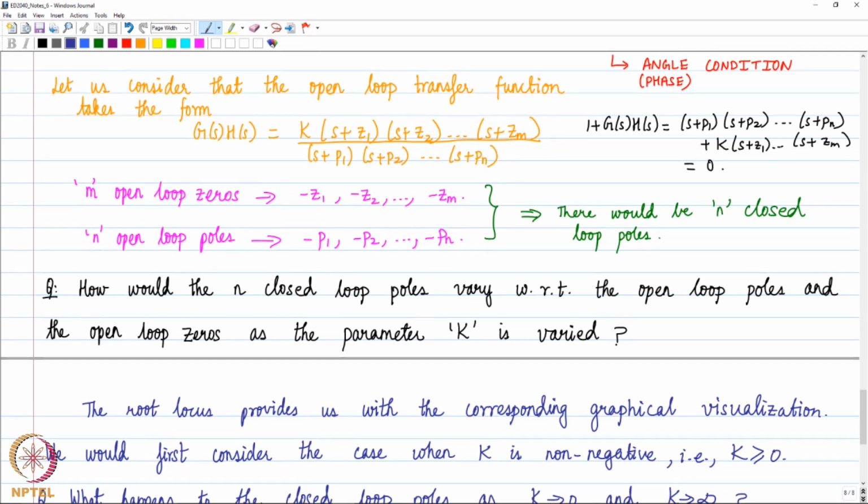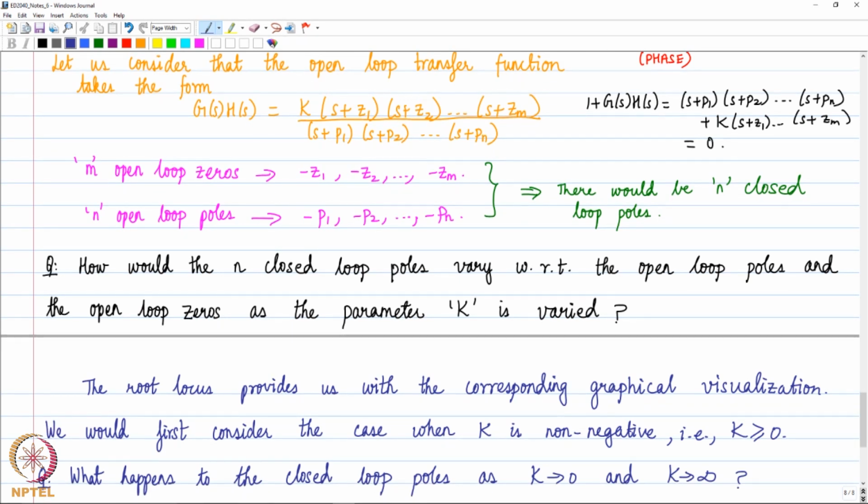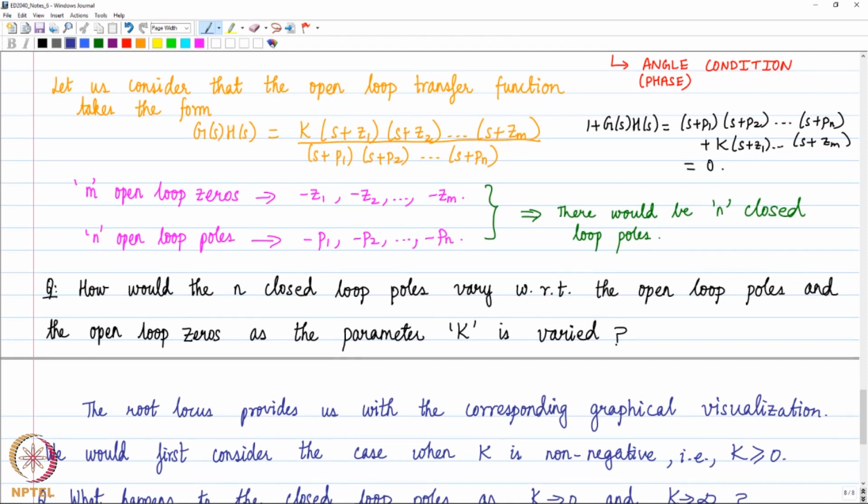What do you think will happen as k tends to 0? The closed loop poles will tend to the open loop poles. And what happens as k tends to infinity? Closed loop poles will tend to the m open loop zeros. What will happen to the other n minus m closed loop poles? We will see.